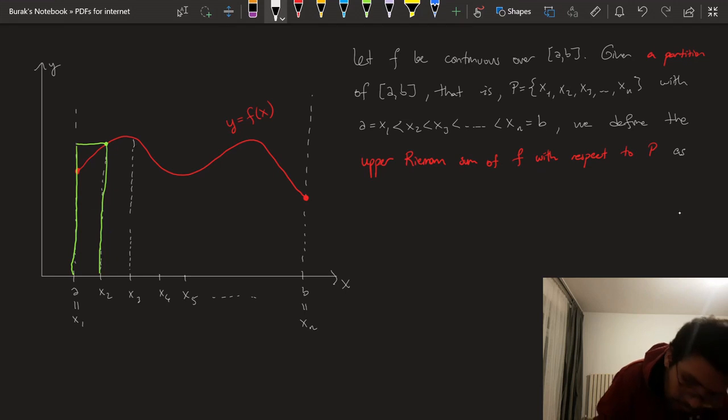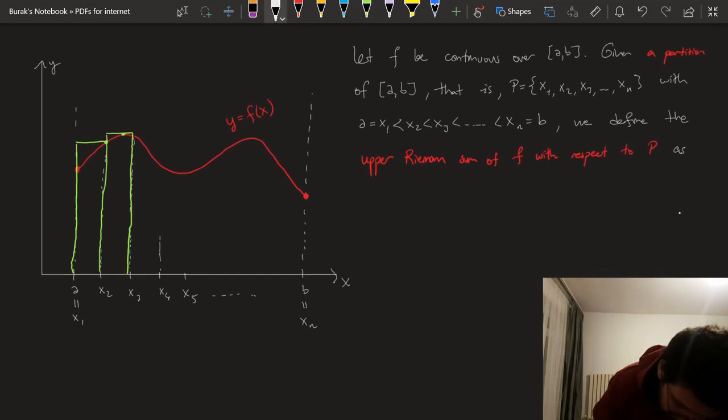So for the interval x2, x3, this is the largest value of f, so I'm going to create this rectangle. And let me do two more. The largest value of f is over here on this interval, so I have that, and the largest value of f is over here in this interval, so I have this.